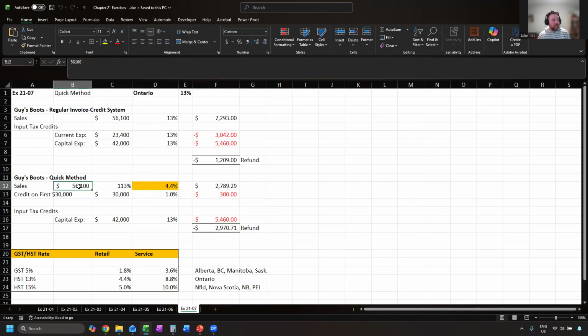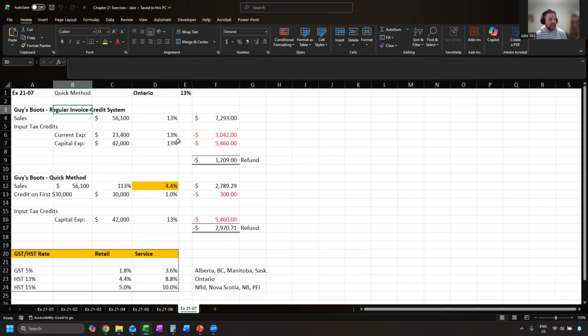So we would want to sort of project out what we think our sales are going to be, what we think our costs are going to be, and figure out which way we're better off. So if we find that the quick method is going to consistently get us a better refund, we can keep using the quick method until our sales get over that 400,000 in 4 quarters, at which point we'll be required to revert back to the regular invoice credit system.